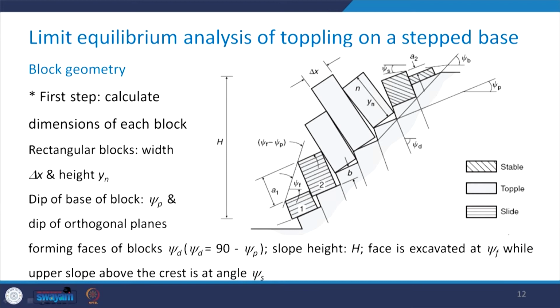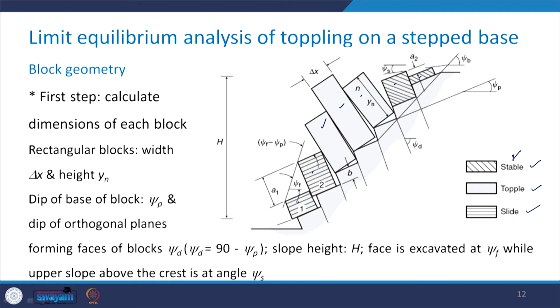So, coming first to the block geometry, you can see here there is a figure which has the slope face and these columns, and the toppling failure has been shown here. There are three types of blocks which have been shown.